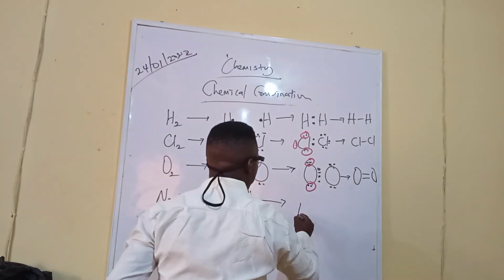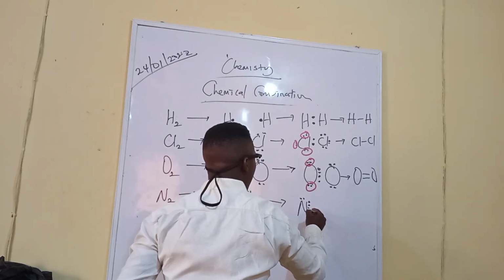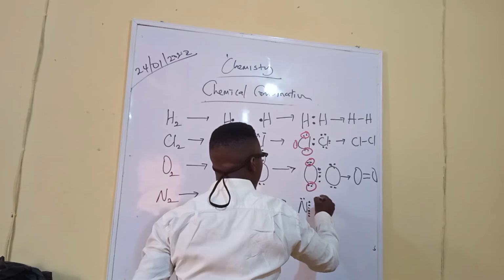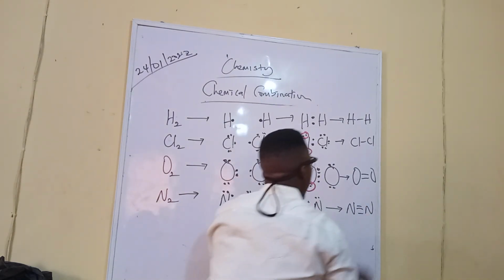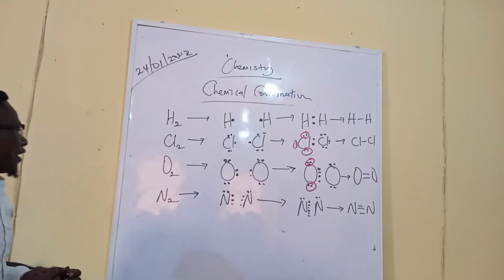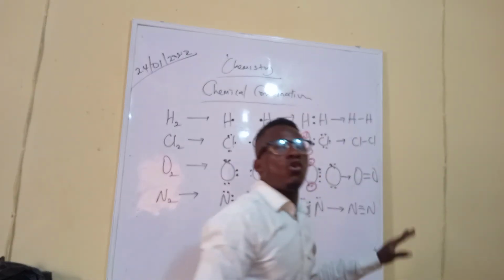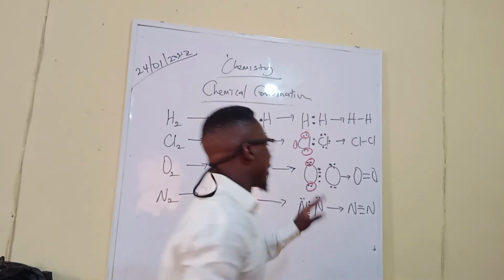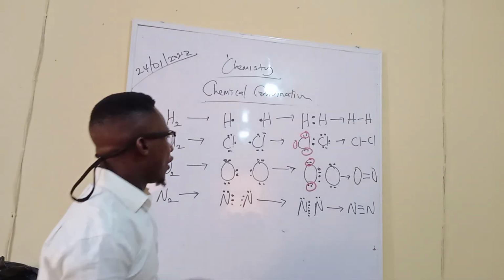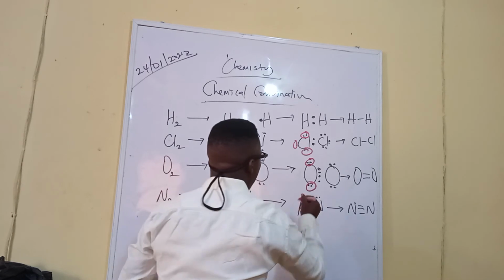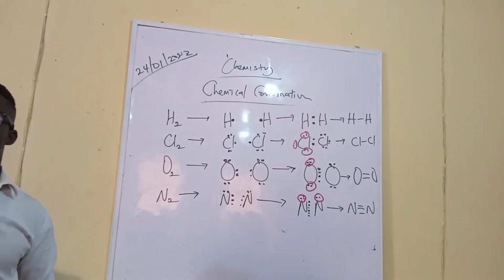So you have 1, 2, 3, 1, 2, 3, signifying that a nitrogen molecule has a triple covalent bond in its structure, and of course each atom after bonding has one lone pair of electrons on it.